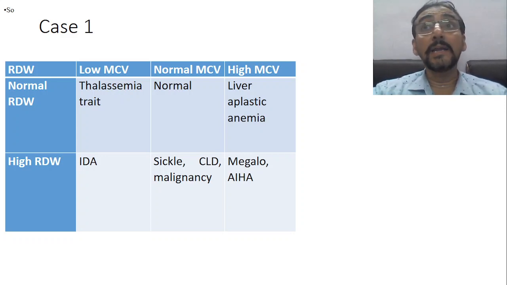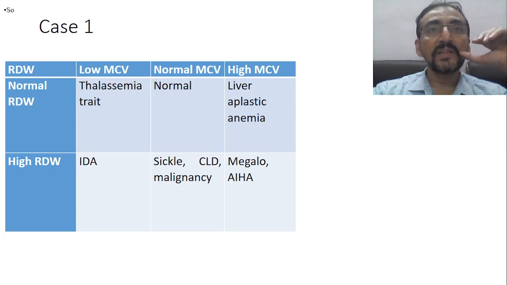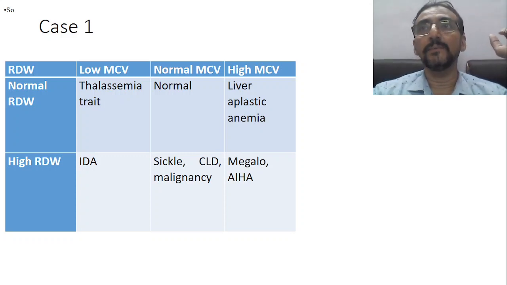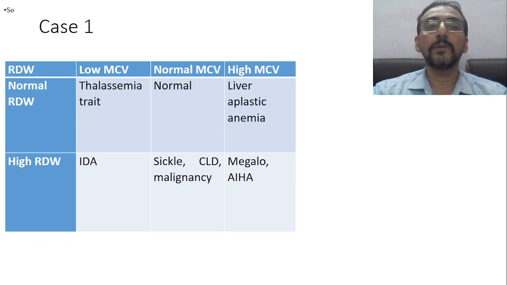So therefore high RDW with low MCV is suggestive of iron deficiency anemia. Always remember, इसको प्रिंट कर दो मन में, ठीक है, दिमाग में. हाई RDW विद लो MCV, IDA. तो आपको आयरन डेफिशिएंसी एनीमिया बोलने के लिए सिर्फ MCV पॉसिबल नहीं है. हाई RDW विद लो MCV इज आयरन डेफिशिएंसी एनीमिया.